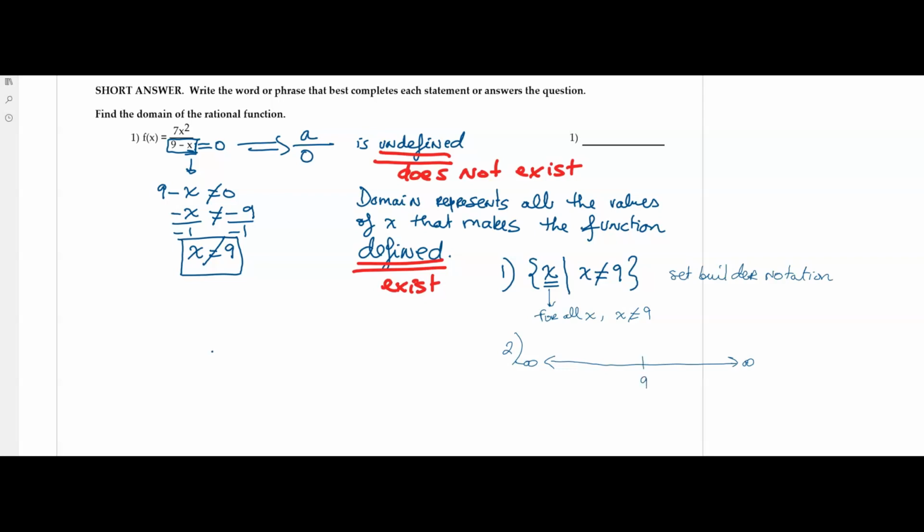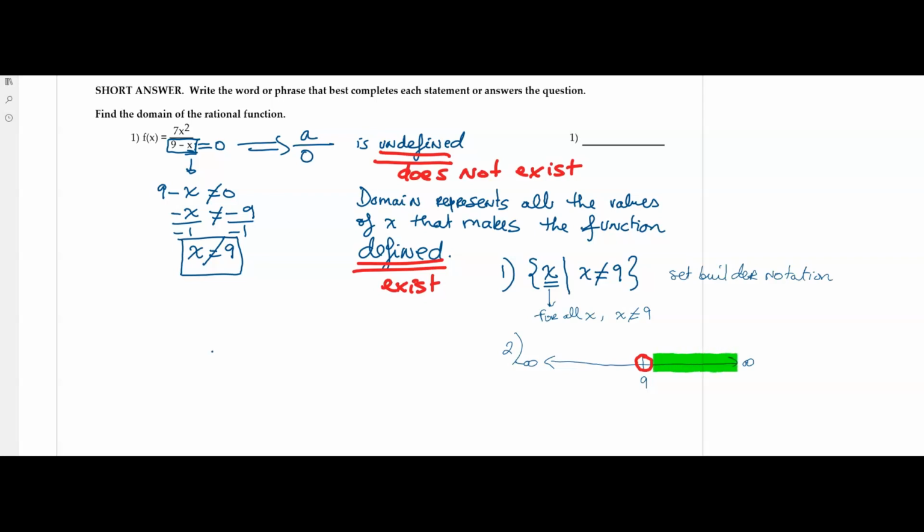Okay? And one of the ways that you can represent 9 being excluded from the domain is to put an open circle at 9. And all it means is that 9 is not part of the solution. Okay? And then how do we express the rest? Then you can highlight it with whatever color you want, right?